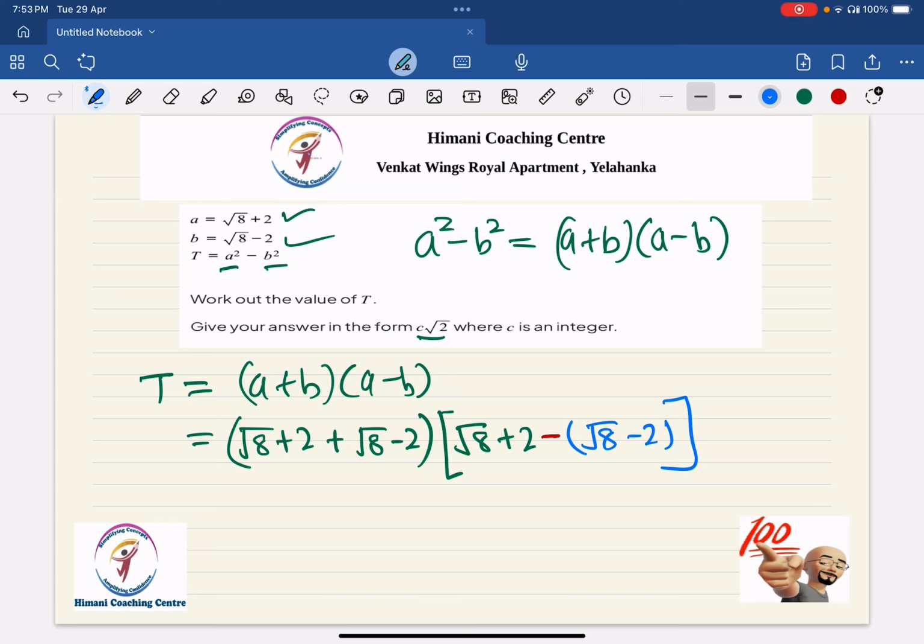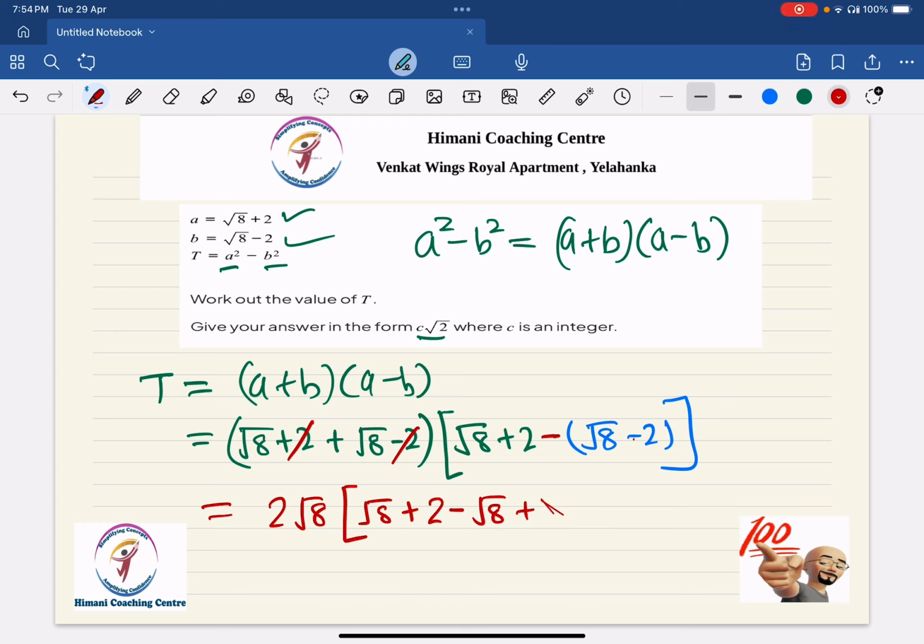Okay, because there is a minus sign in front of the bracket, when we open the bracket, signs inside should change. Okay, now what will happen here? Plus 2 minus 2 cut each other. Root 8 plus root 8 will give us 2 root 8. Now let us go to this bracket. It is root 8 plus 2 minus root 8, and minus times minus is a plus.